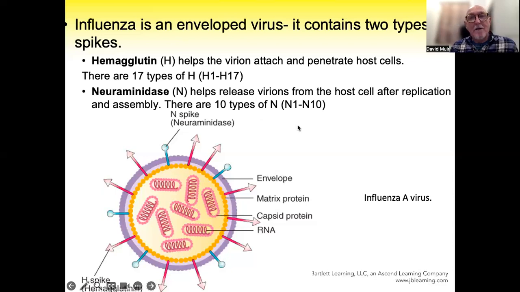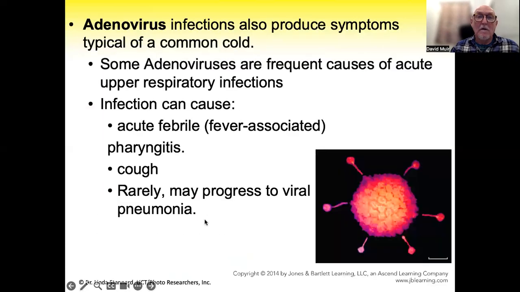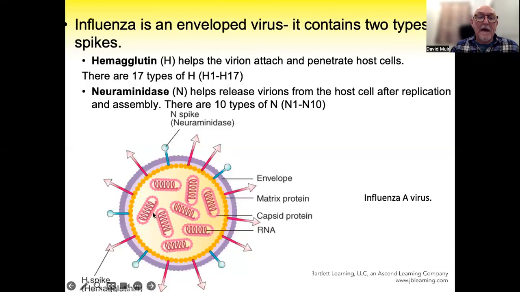It has a very strange capsid structure. And first of all, there is an outer protein shell here, which is called the matrix protein. Here on the outside, that's the envelope with the spikes. Here, this is called the matrix protein. It's not the capsids, because in fact, they have 8 capsids. 1, 2, 3, 4, 5, 6, 7, 8. They have 8 capsids, and their genome is split between those 8 capsids.